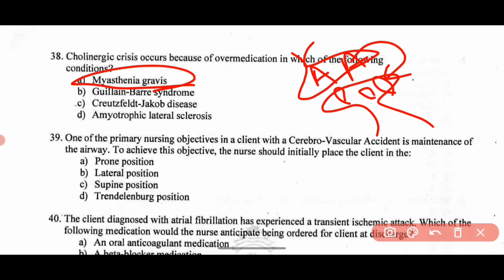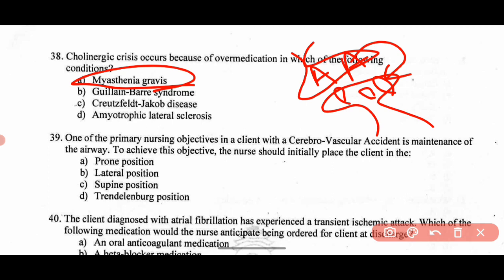The acetylcholine is controlled by acetylcholinesterase. If an excess amount of acetylcholine is there, it will be controlled by acetylcholinesterase. That is a different concept. Here what you are supposed to think is, in this question, cholinergic crisis, that is, the function of the acetylcholine is decreased in which condition? This is the question, and here the right answer is myasthenia gravis.